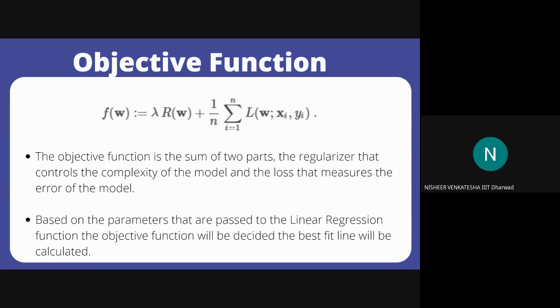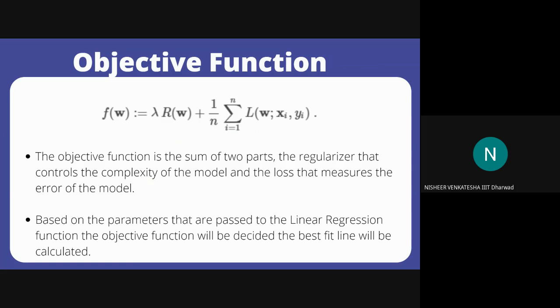There are many types of loss functions and regularizers. Some of the regularizers are L1, L2, and elastic net, which is a combination of L1 and L2. Some of the loss functions are hinge loss, squared loss, etc. We are using squared loss.